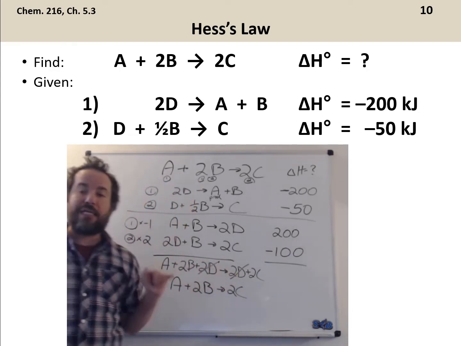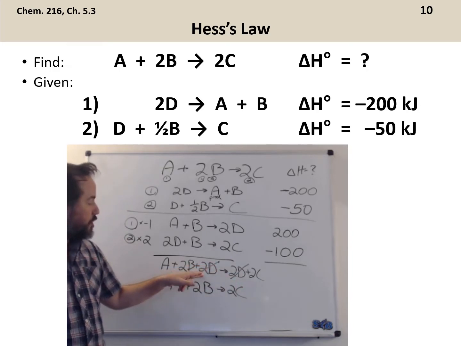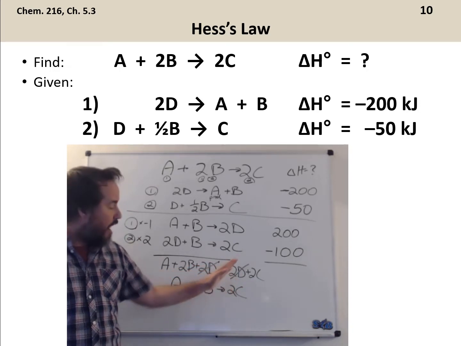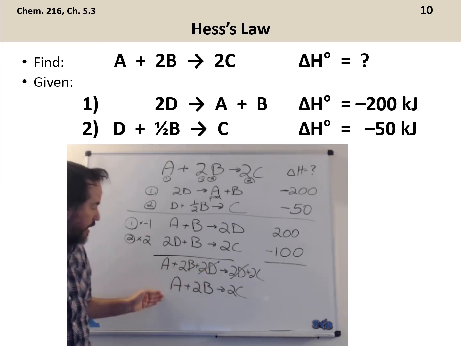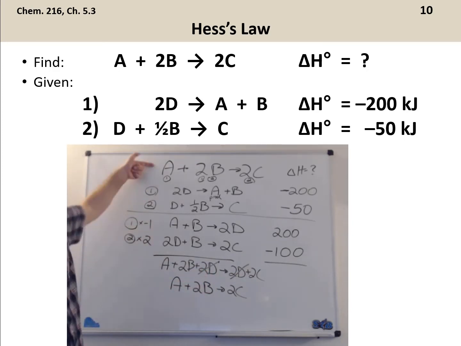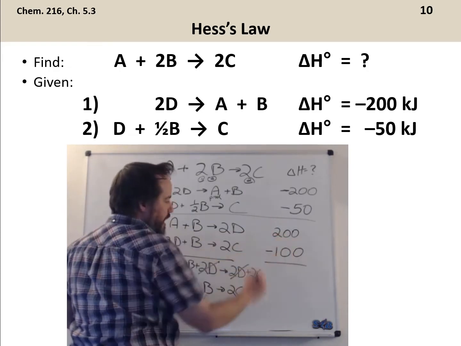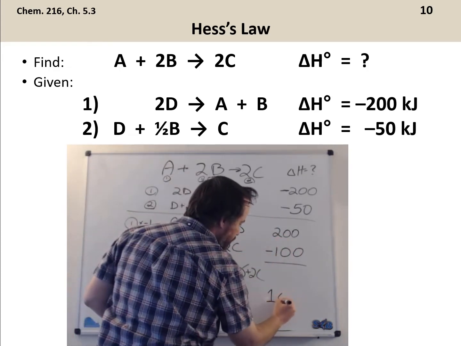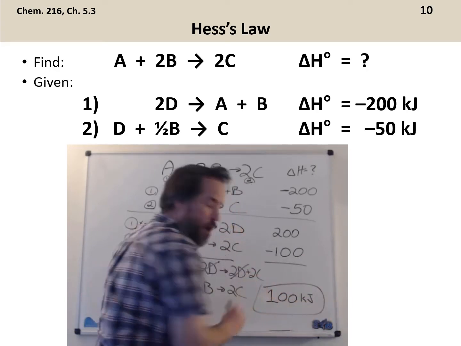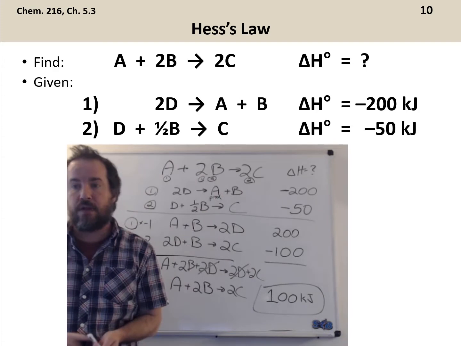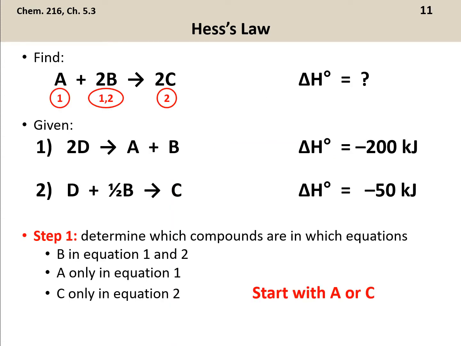I can only cancel both these because they're both 2D. If this was 2D and this was just 1D, I could cancel this and this would just still be 1D. All right, so this is what I wanted to begin with. And I have 200, negative 100. I'm going to get 100. And that's my answer.